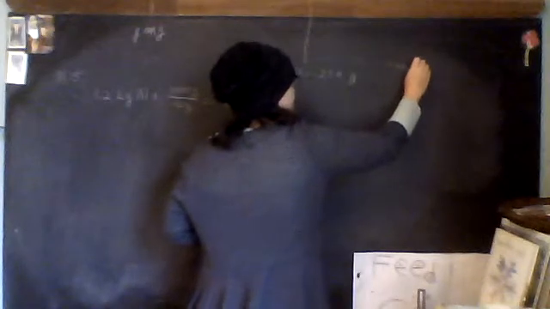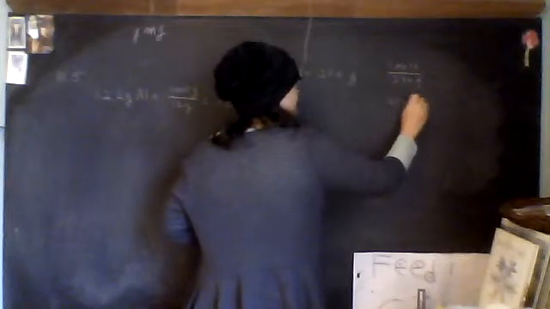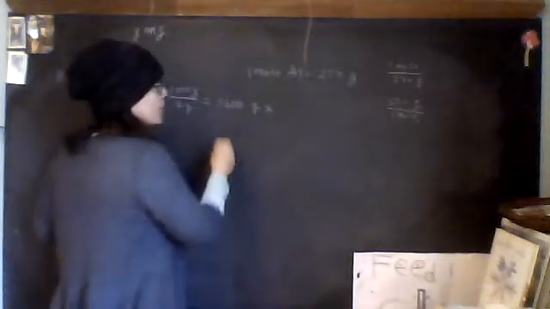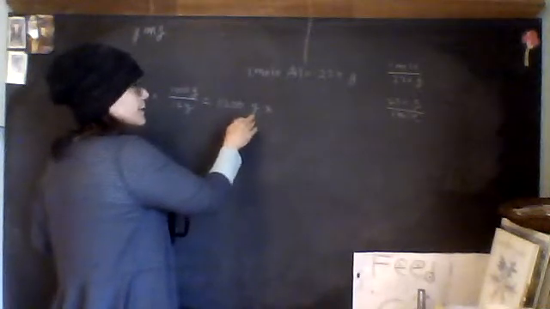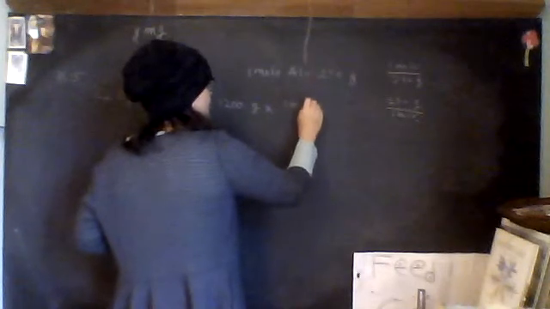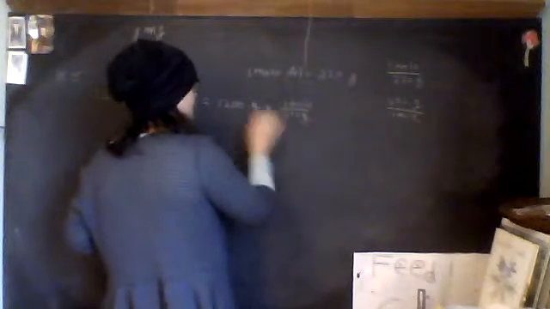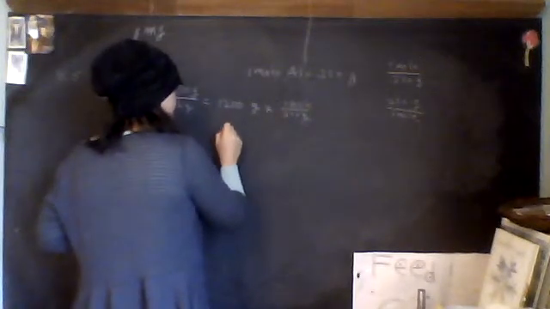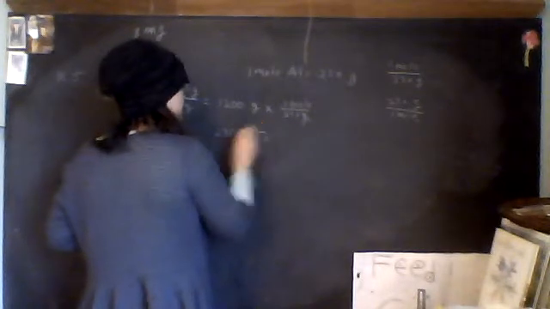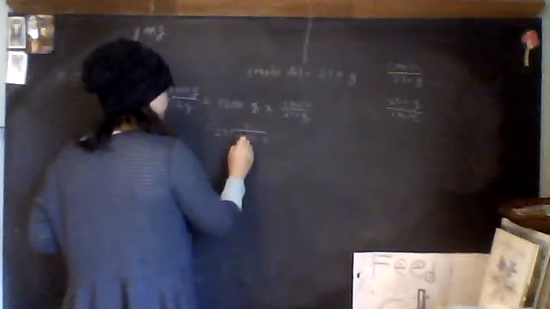The one we want is the one that's going to get rid of grams and leave us with moles. So it's going to be this one, 1 mole per 27.0 grams. Grams cancel, we'll end up with moles. So I'm going to divide 1,200 by 27.